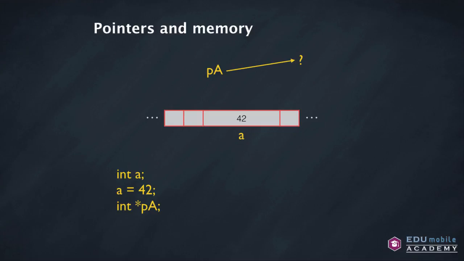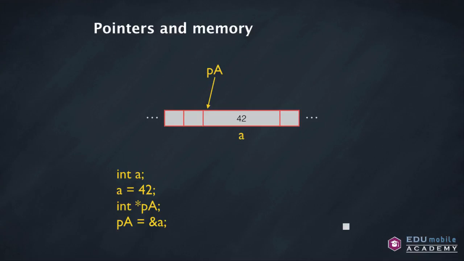We can get the contents of it, but so far int star PA just means give me a pointer to an integer. Only when I do the next step and say PA equals the address of A does that pointer get assigned a value.